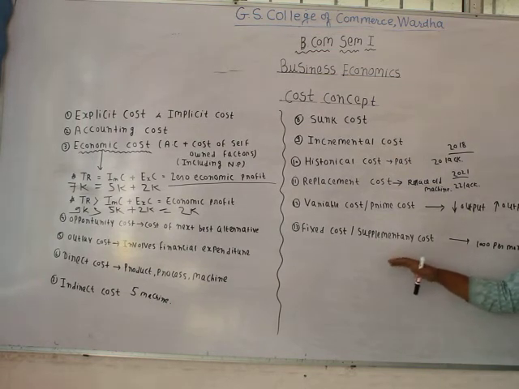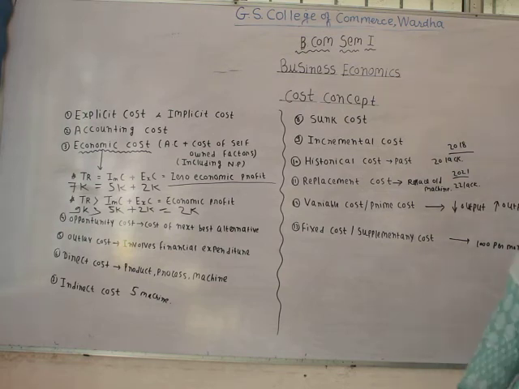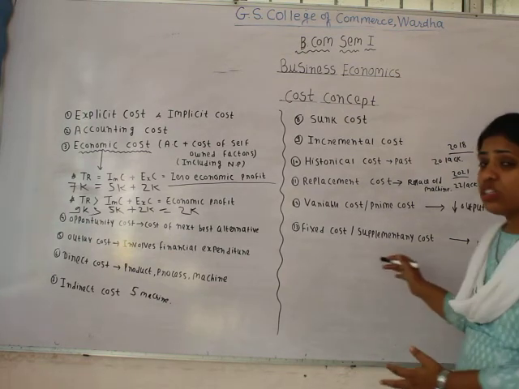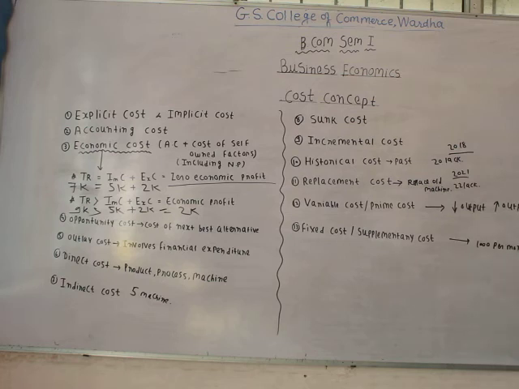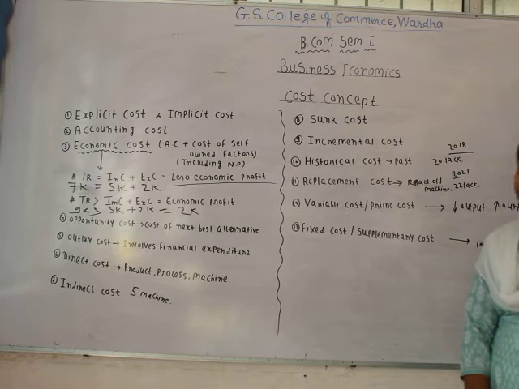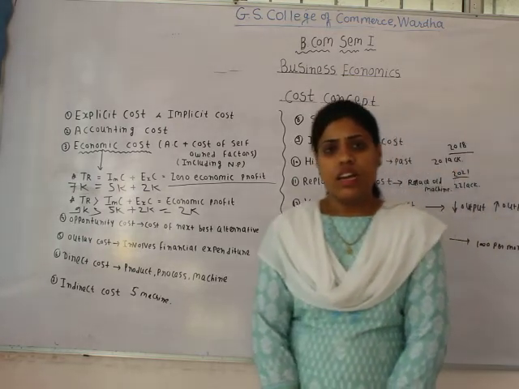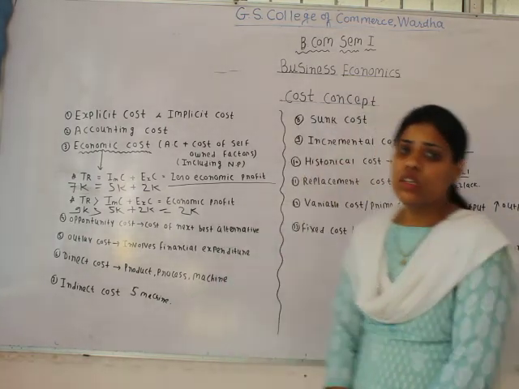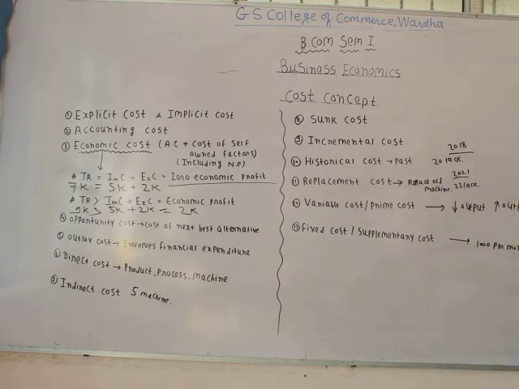Therefore, fixed cost is not a function of output, but it is a function of capacity. It is a function of plant size. Like if you are producing 5,000 units in a particular machinery, you would require 5,000 rupees fixed cost.